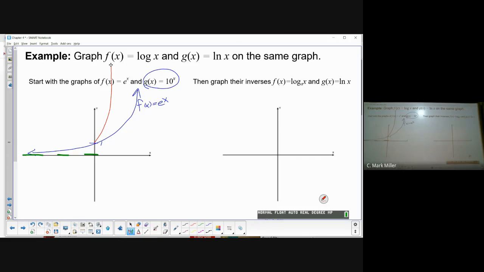But 10 to the minus x is 1 over 10 to the x. So 10 to the negative 2 is 1 over 10 to the 2. So it's going to also get smaller faster over here. So this is g of x equals 10 to the x.